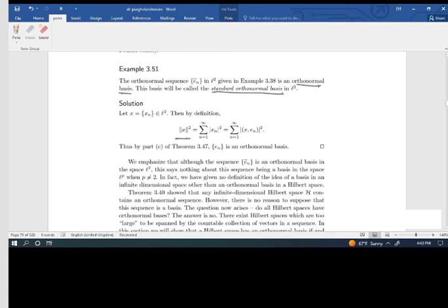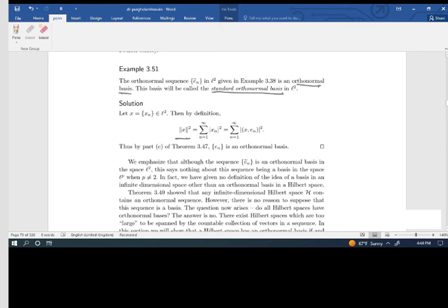For example, the orthonormal sequence En bar in small l power 2, given in the previous example 3.35, is an orthonormal basis that is called the standard orthonormal basis for l power 2.